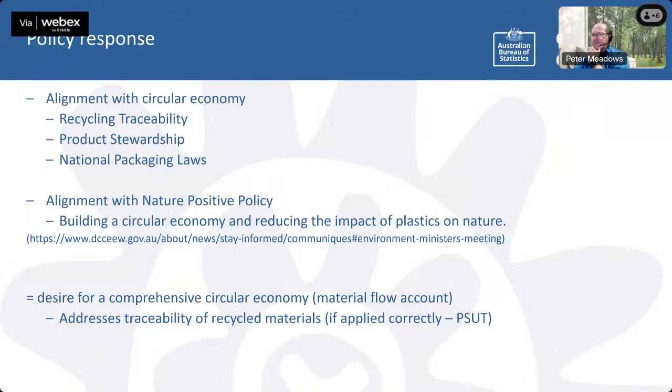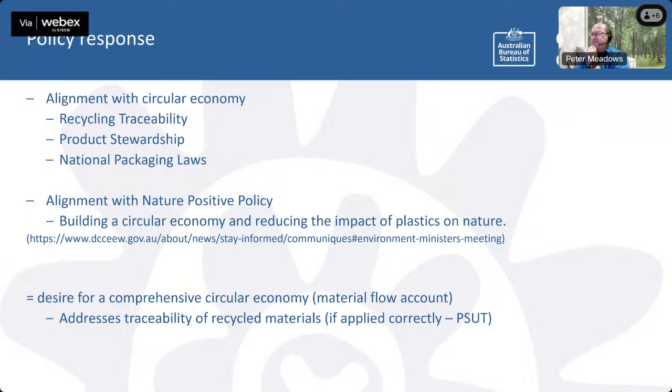And it's really thinking about how we not only construct a better view on the circular economy, but also how we measure plastics and their impact on nature and whatnot. I guess this all adds up to a desire for a comprehensive circular economy material flow account. But it also takes into account how we trace some of the recycled materials and how we work out where the value add is.